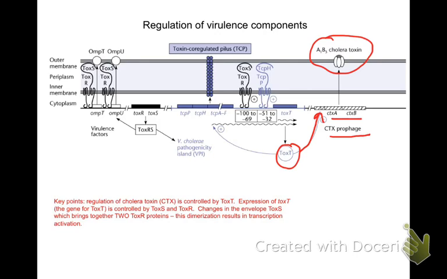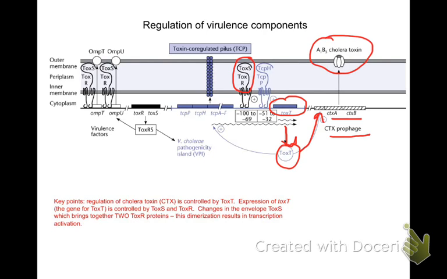And ToxT, as you'll see, is a gene nearby that is regulated by ToxS and ToxR. I'm not going to pay attention at this point to TCP. I'm just going to focus on ToxS and ToxR. They're a little bit unusual, and that's why I want to point them out here.